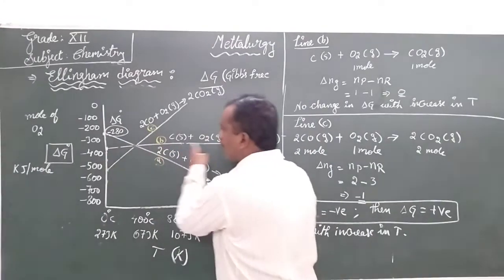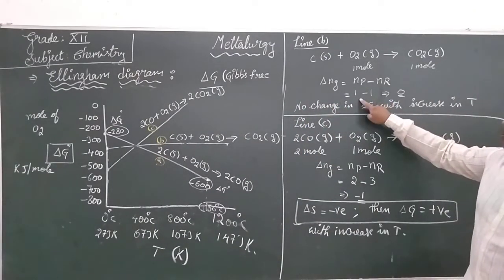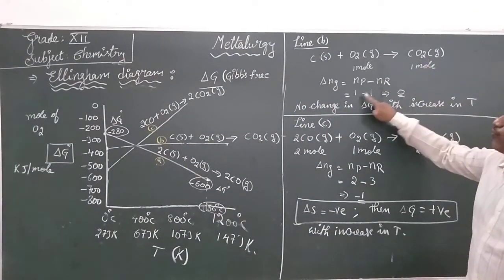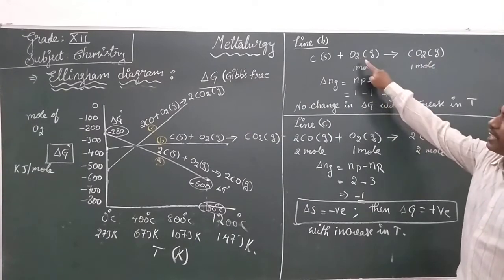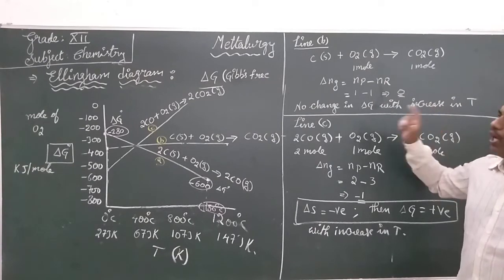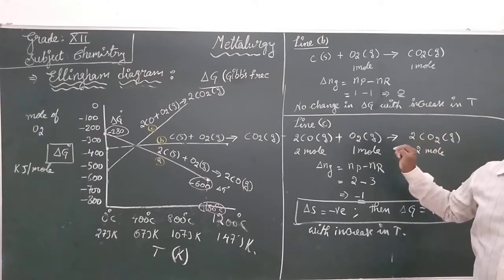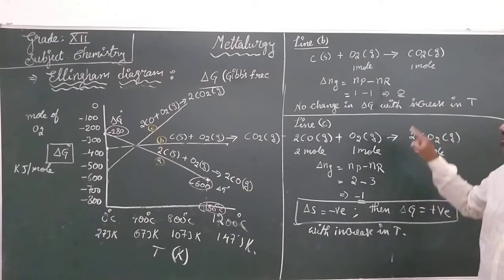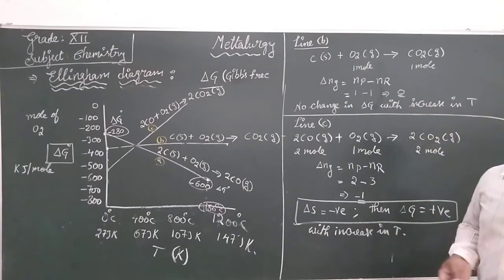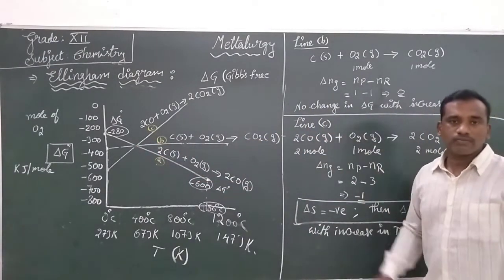There is no variation. It is going in a straight line because the number of gaseous products is 1 mole and the number of gaseous reactants is also 1 mole. 1 minus 1 is 0. So there is no change in the delta G value, Gibbs free energy, with increase in temperature. So it is going in a straight line.